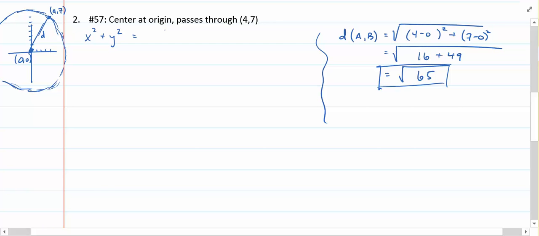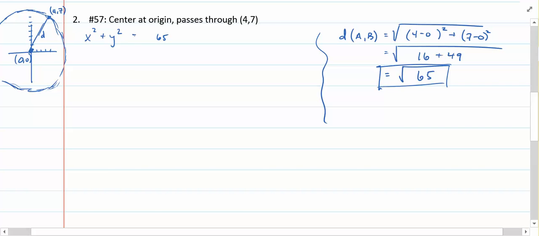And the reason for that is because our equation should be x² + y² = the radius squared. Well, if the radius was the square root of 65, we turn around and square that, what would the equation then look like? Well, here you should recognize that the square root and the square, or this power of 2, essentially cancel each other out.